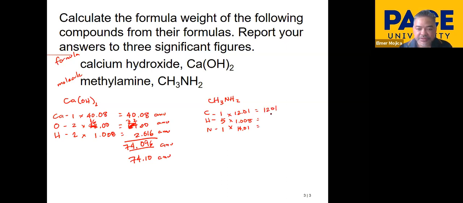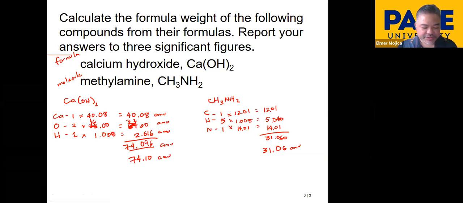So we have 12.01, and then 5.040, and then 14.01. And then you add them together, and you end up with 31.06 AMU as the formula weight of the given substance.